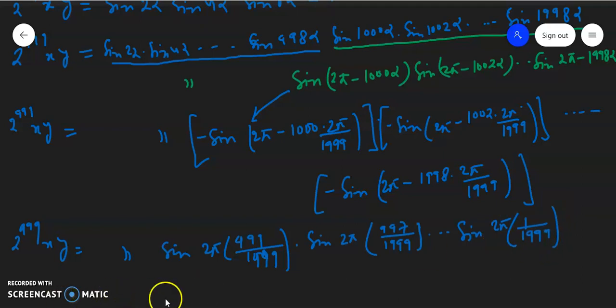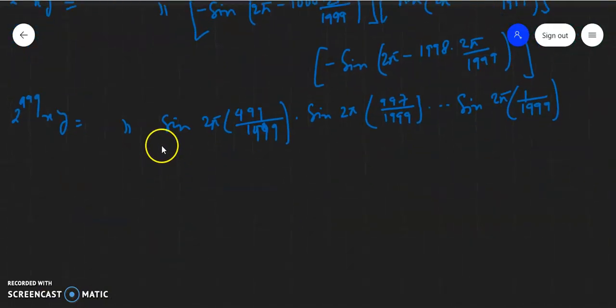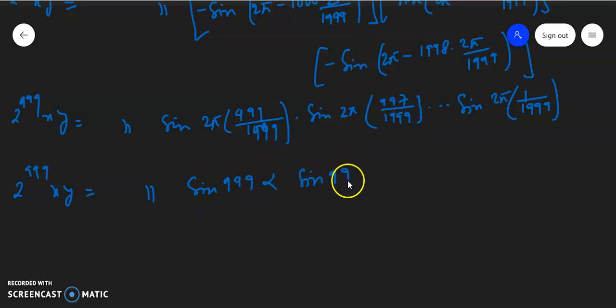So what do I observe here? 2 to power 999 xy becomes sine 2 alpha, sine 4 alpha, and so on up to 998 alpha, and then this becomes sine 999 alpha, sine 997 alpha, and it goes up to sine alpha. Now look carefully.